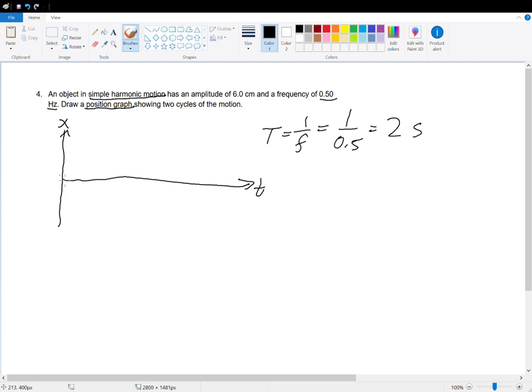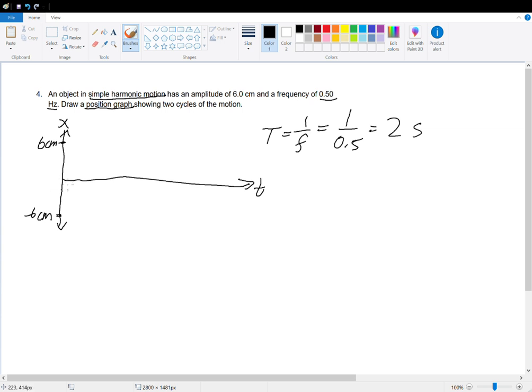We also know that we have an amplitude of 6 centimeters, so the maximum point, let's call that here, for example, and the minimum point down here should be 6 centimeters and minus 6 centimeters.